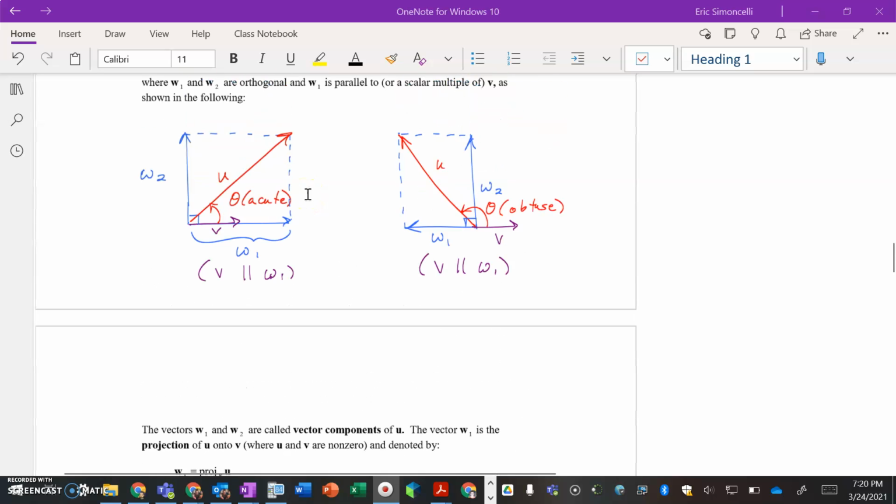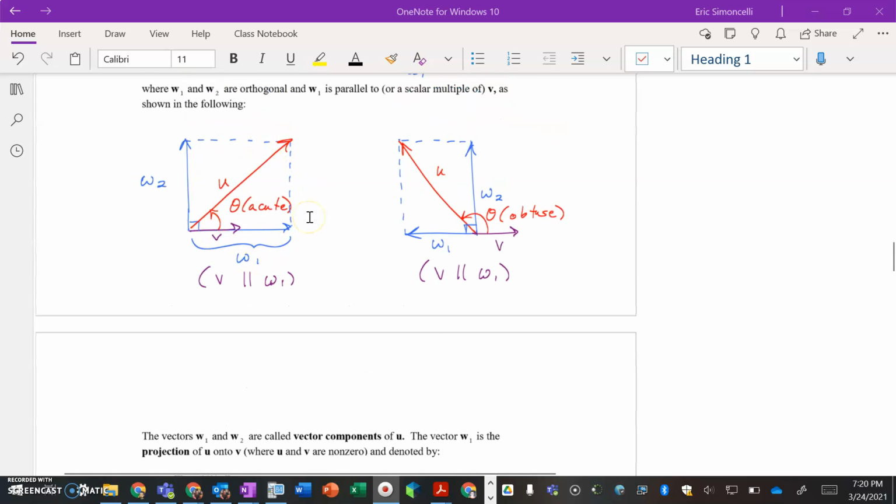Now, if we go back to this first depiction, one of the ways to help you remember what the projection of U onto V really means is envision, if you will, this U vector maybe representing something in the outside world where the sun maybe strikes the vector, could be an object actually, and forms a shadow.